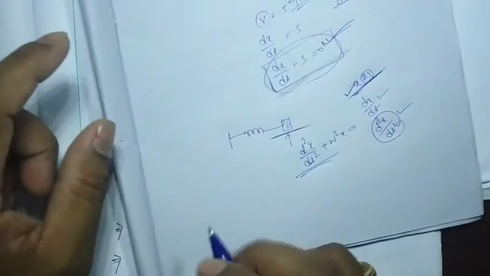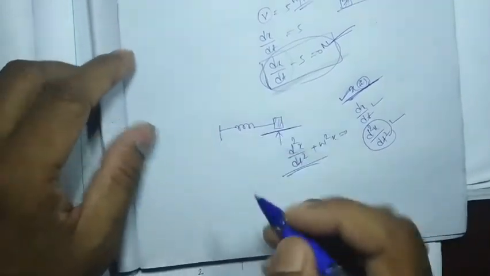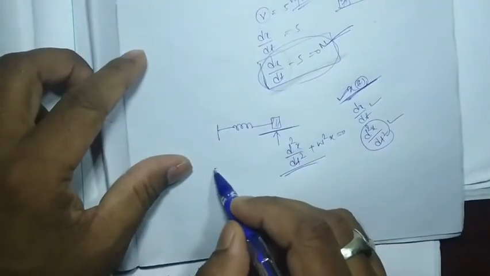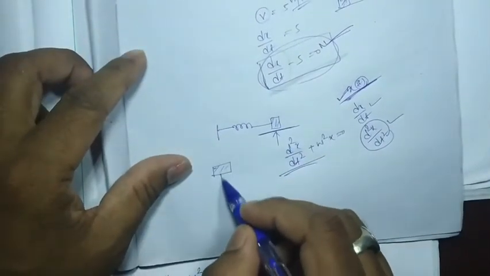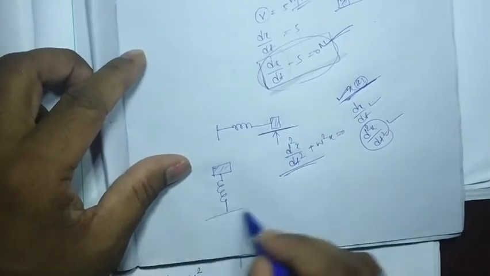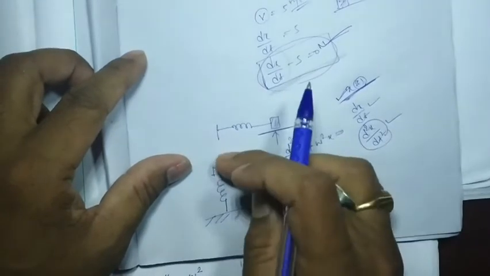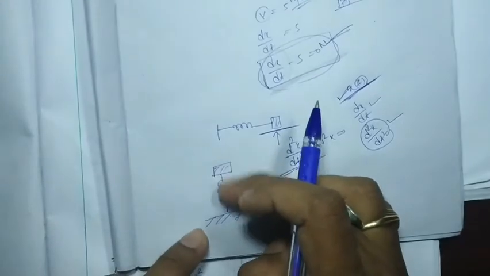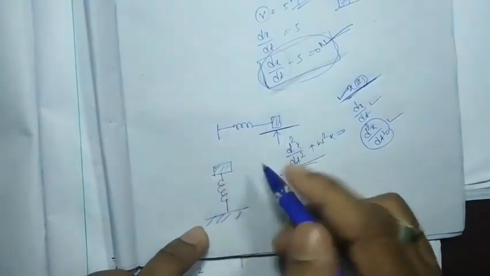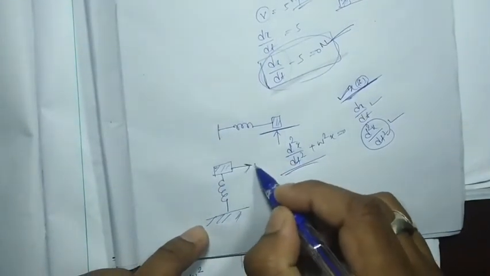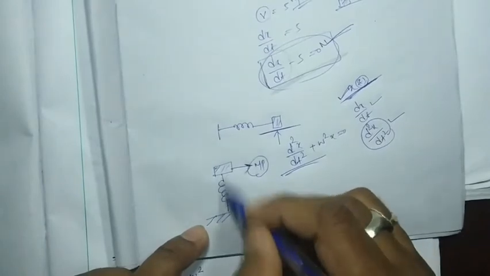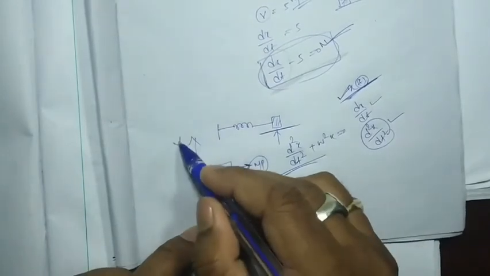Okay, suppose our oscillation is along the y-axis. Suppose this is our situation: one spring is attached and here it is grounded. If I press this mass this side, it will start to oscillate. This will be its mean position, and it will oscillate along the y-axis.